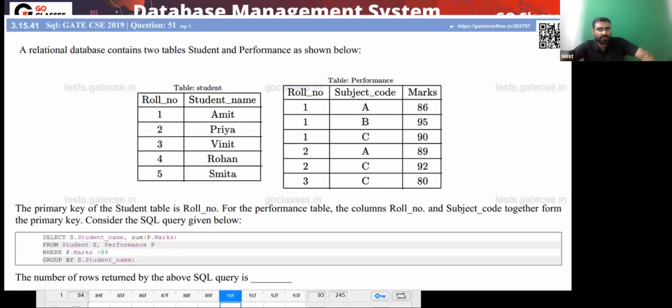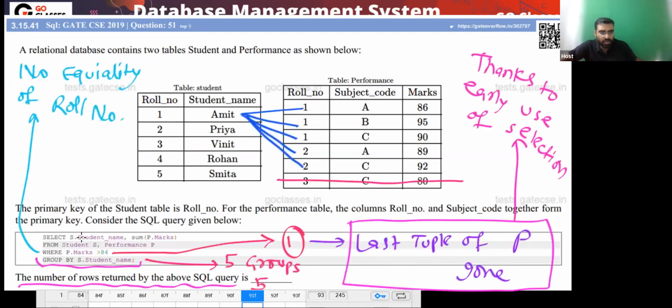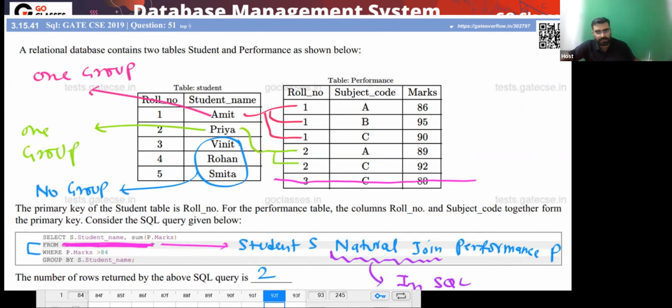That doesn't matter, Nikhil, because the groups are different. You are also taking student name in the output, so I don't care about the sum. Some can be same, some can be different. I do not care about the sum.